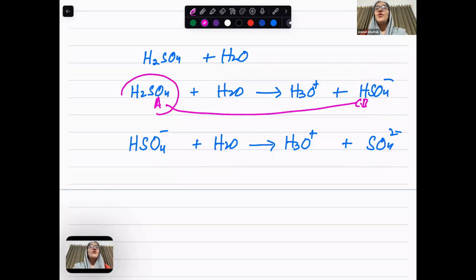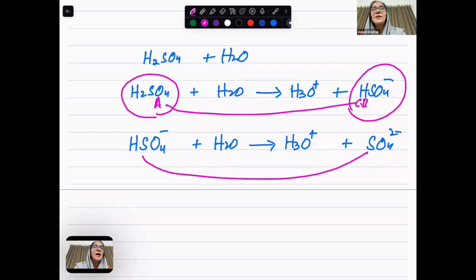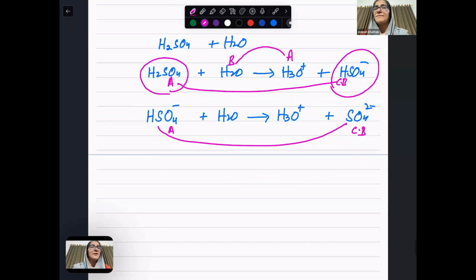So H2SO4 and HSO4 negative are a conjugate acid-base pair. These two differ by how many H plus? 1 H plus. This is the acid, this is the conjugate base. Second pair: this is the acid and water is what? Conjugate base. So how many pairs can you see?